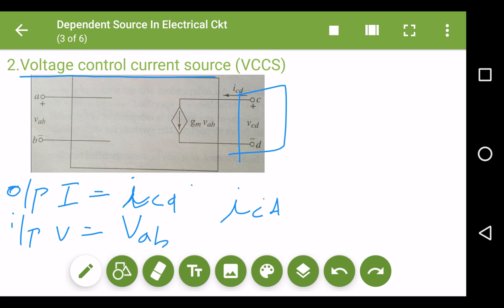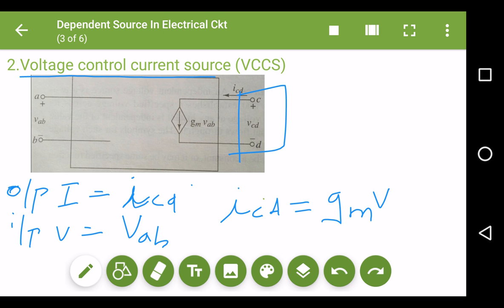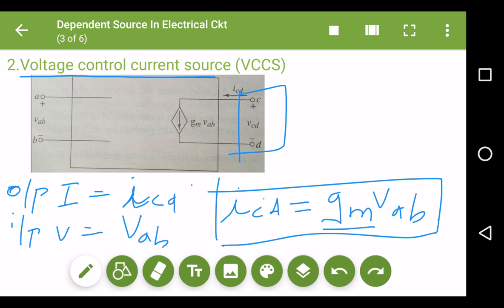You can establish a relation like this: ICD is equal to GM times VAB. Here the multiplication factor is GM, G with suffix M, and GM is called the transconductance, which is a very important term in network theory.